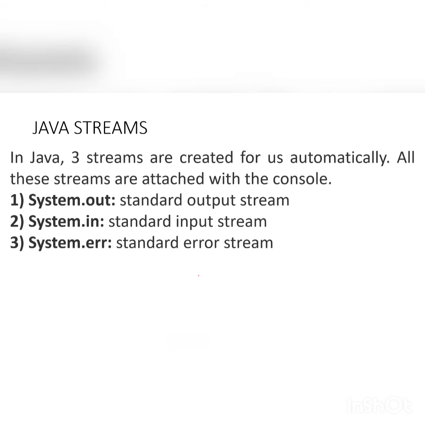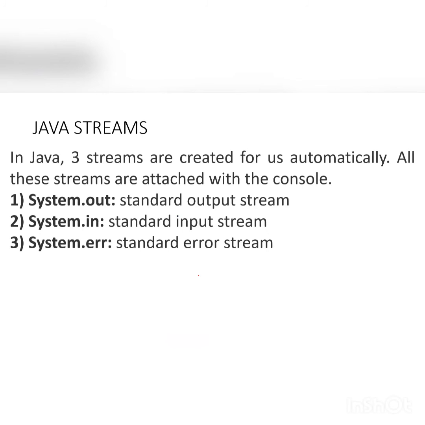Now coming to the various streams in Java, there are three kinds of streams. One is the output stream, another is the input stream, and another is the error stream. The system output stream is going to process the file a user gives, and finally the outcome or the output is uploaded. That shows the output stream. Coming to the input stream, the basic input that a user gives shows the input stream.